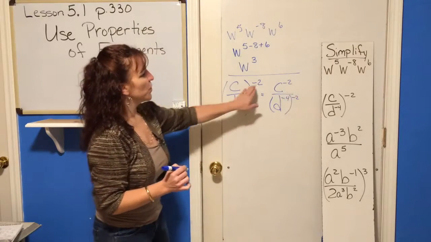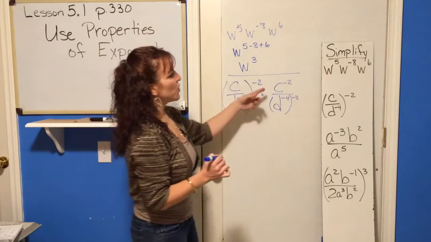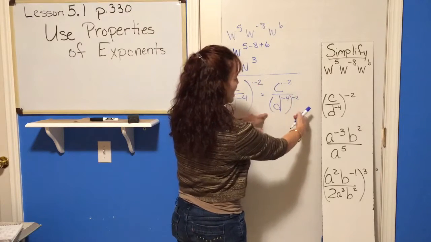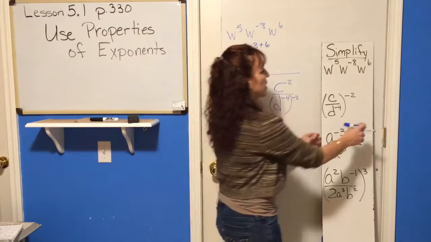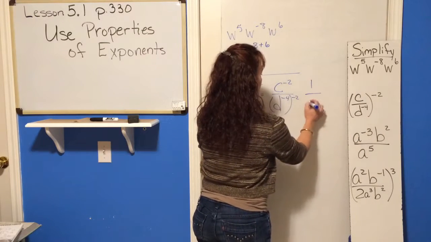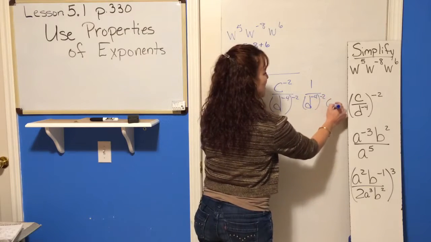All right, so this negative 2 power is on each part separately. So now the c to the negative 2 flips down. So we end up here with 1 over d to the negative fourth to the negative 2 times c squared.